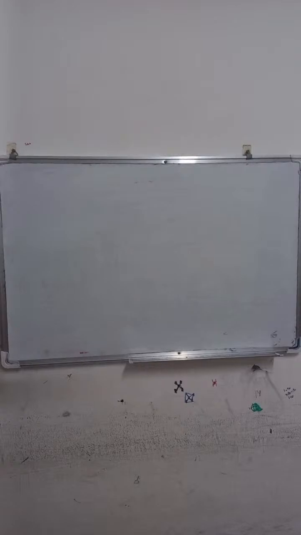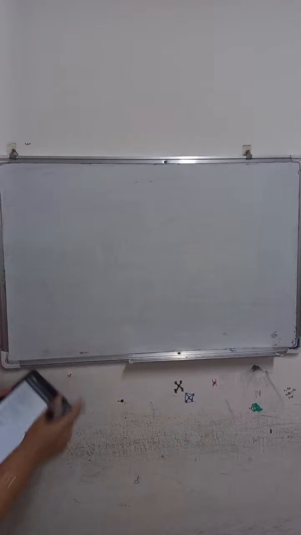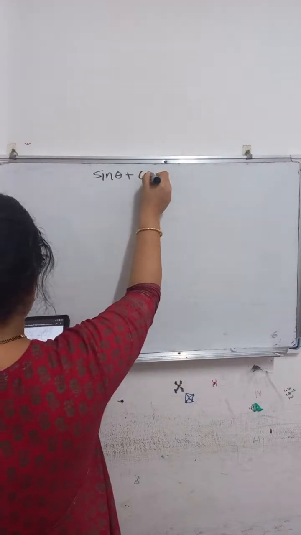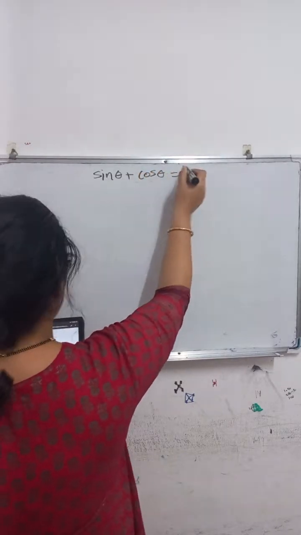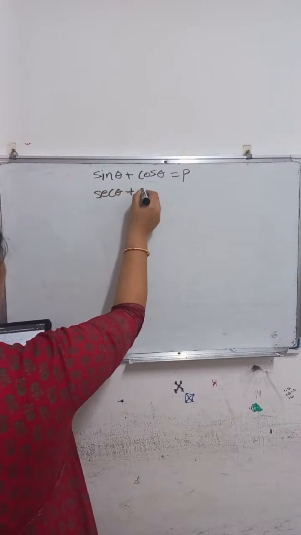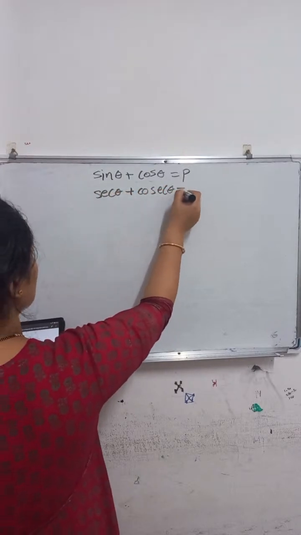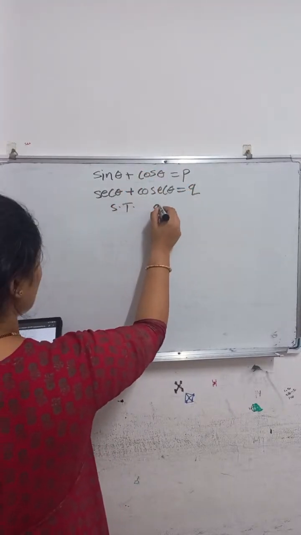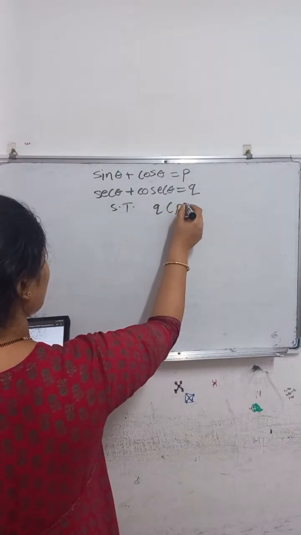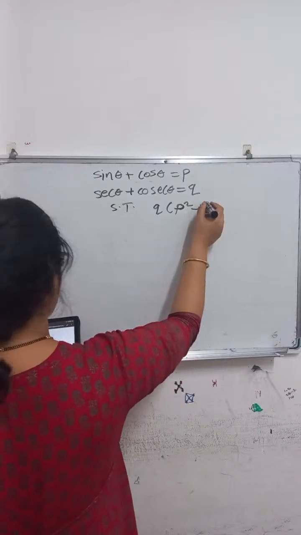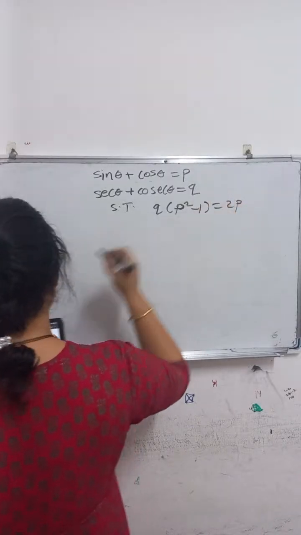The question is that if sin theta plus cos theta is equal to P, and sec theta plus cosec theta is equal to Q, then show that Q into P square minus 1 is equal to 2P.